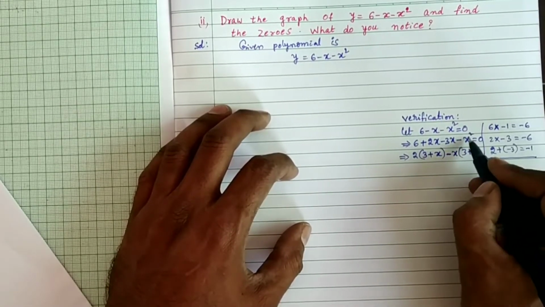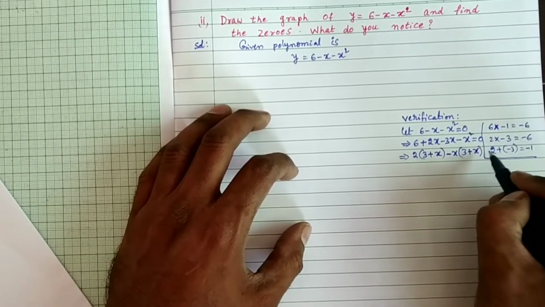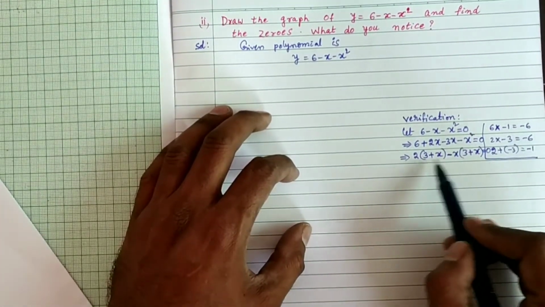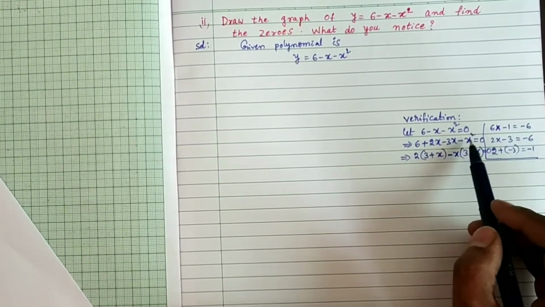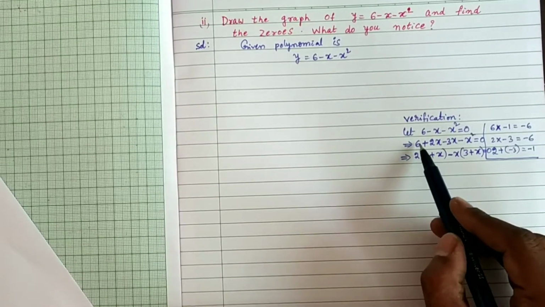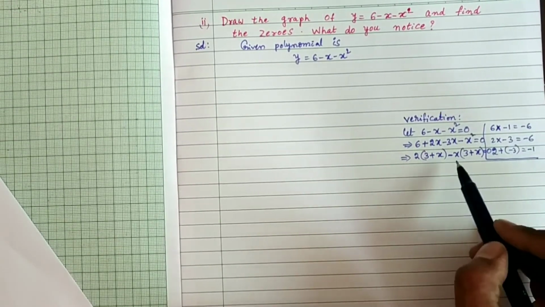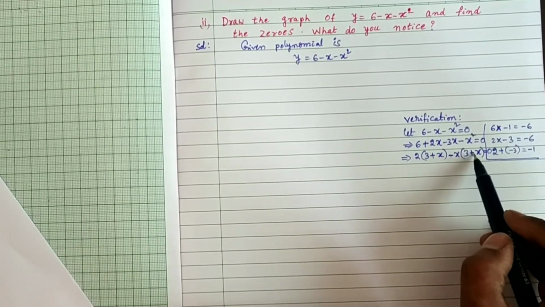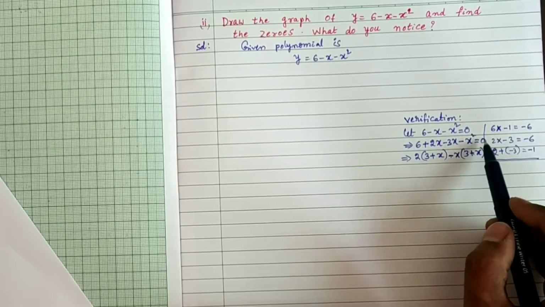So already x is common, so the remaining value is plus x equals 0. After multiplication we should get the same equation as above: 2 threes are 6, plus 2 into plus x is 2x, minus x into 3 is minus 3x, minus x into x square, equals 0.